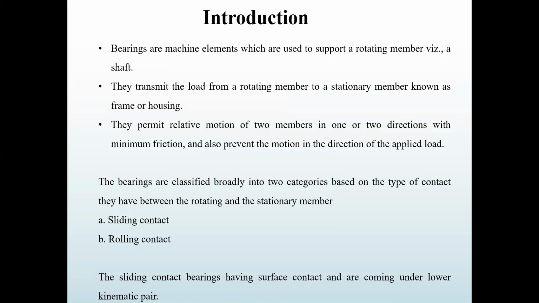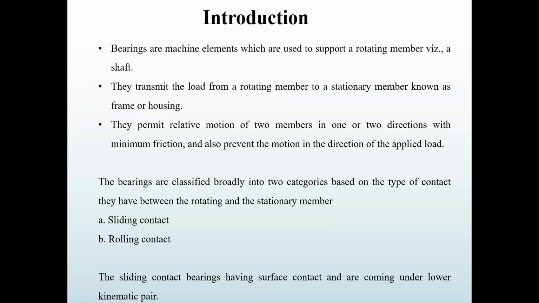They permit relative motion between the two members in one or two directions with minimum friction, and also prevent motion in the direction of the applied load. We know that the classification of bearings falls under two categories, based on the contact point: sliding contact and rolling contact.